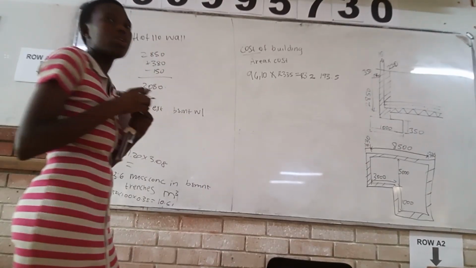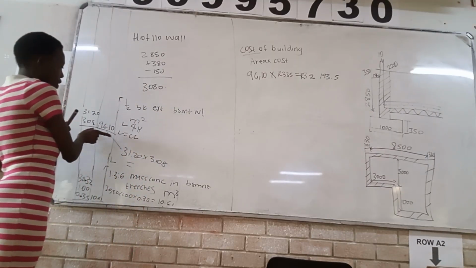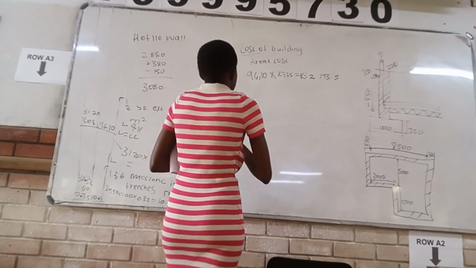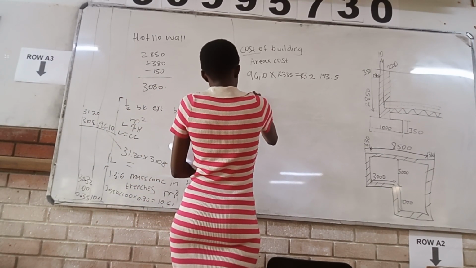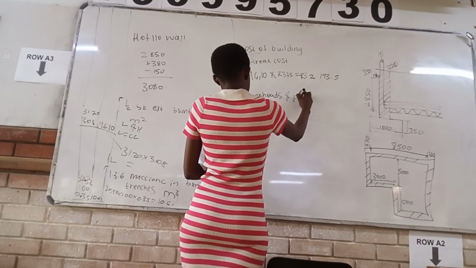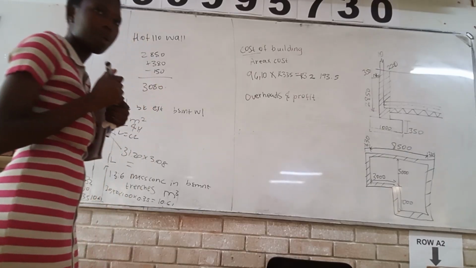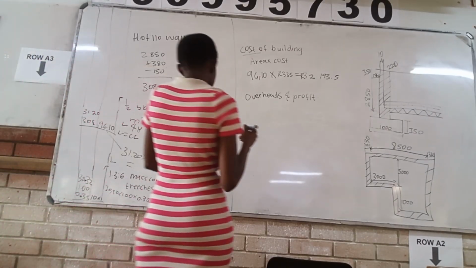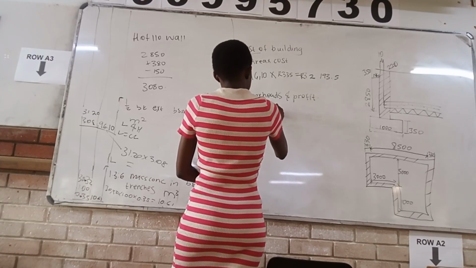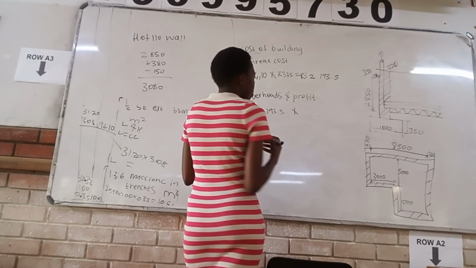So the cost of the building, the 96,10, is for the wall again. Now we need to calculate the overhead and the profit, which is 30%. For overhead and profit, we take 32,193,5, which is this amount, and multiply by 30%.